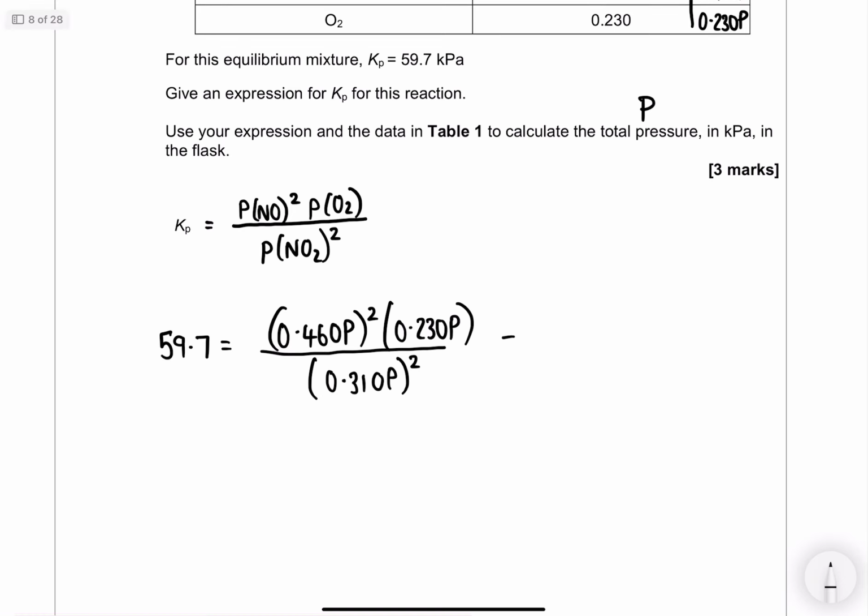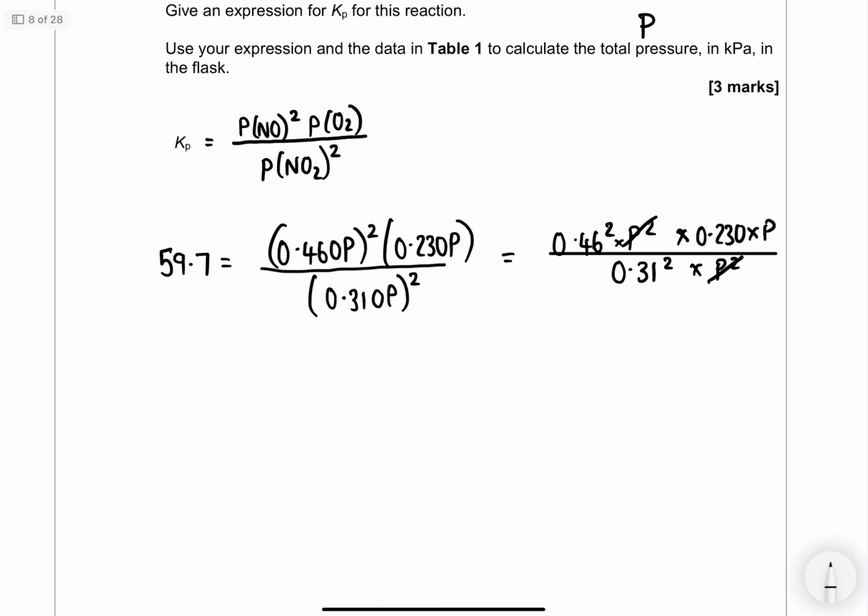If we were to expand that, then we get 0.46 squared p squared times 0.230 times p divided by 0.31 squared times p squared, and we can see that some p squareds cancel.